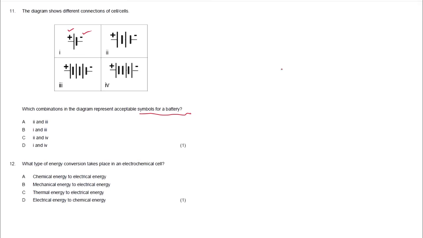And here, if we check clearly, we can see that a combination that is acceptable for a battery will be option 2 and option 3. We can see that they are different from the other one. Here we don't even have an inside component.